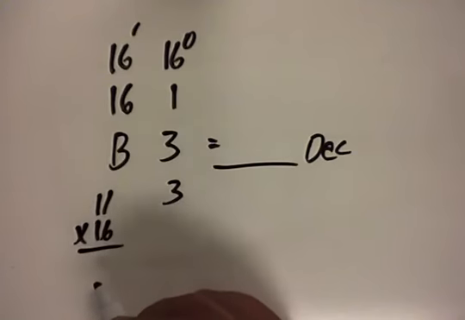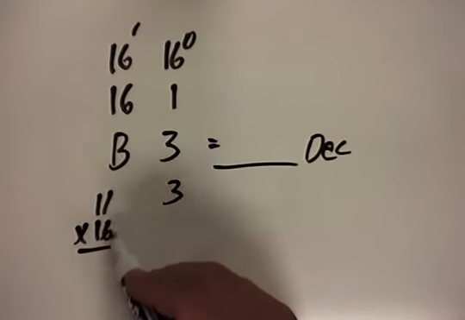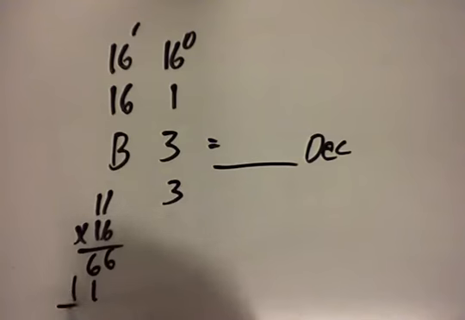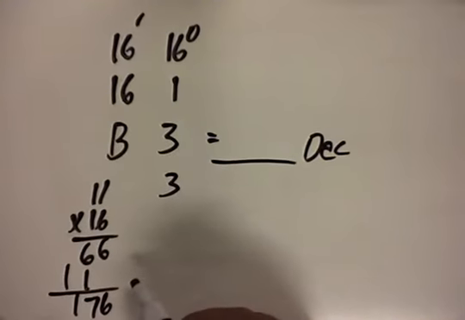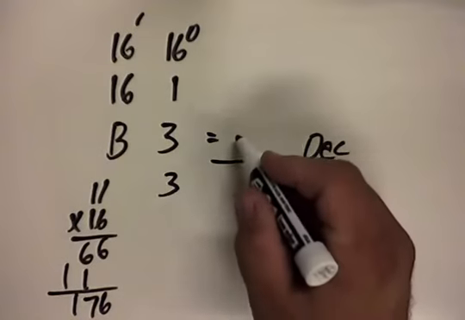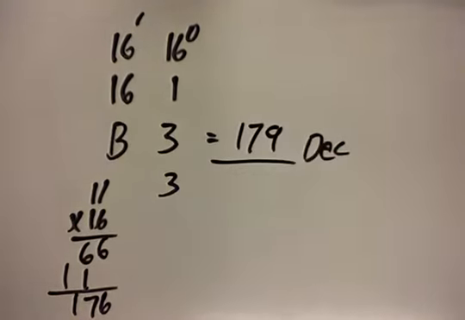When I do 11 times 16, I end up with 176. So 176, squeezing off the bottom down there, 176 down here plus my 3 gives me 179 in decimal. So multiply by place values, add them up. And there's the first conversion. Let's do another one.